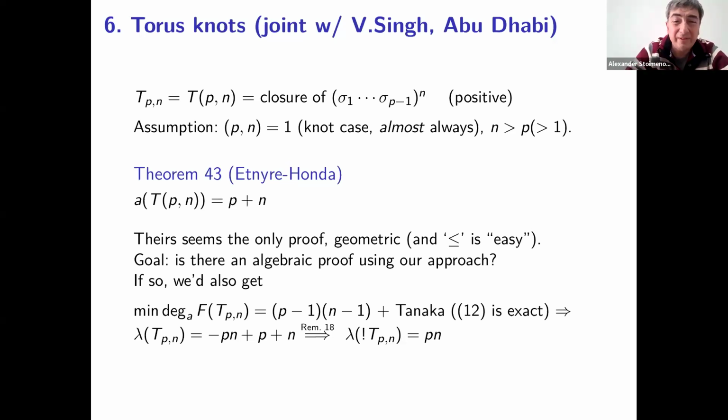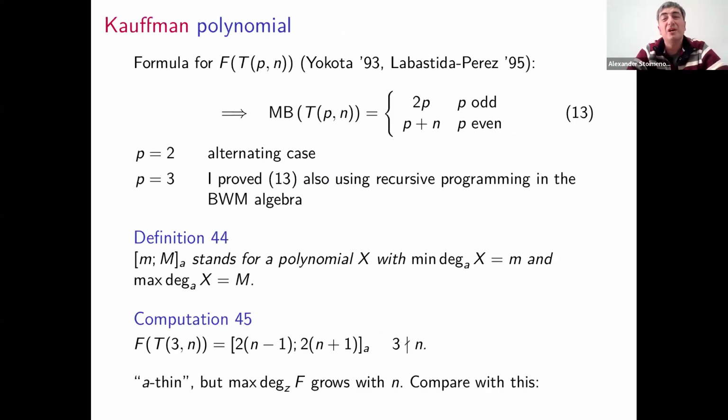Because this problem is kind of equivalent to proving the maximal Thurston-Bennequin invariant of the negated torus knot, which is equal to pn. And our question is, can we use our approach to do this? So what happens with the Kauffman polynomial? There is this formula by Yokota and Labastida-Perez, an explicit formula for the Kauffman polynomial of torus knots.